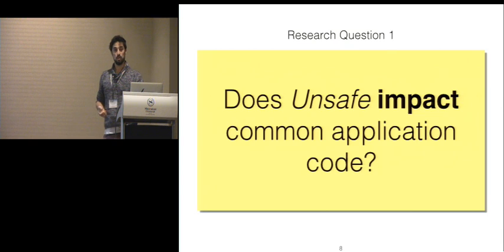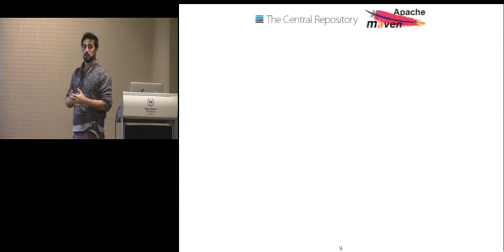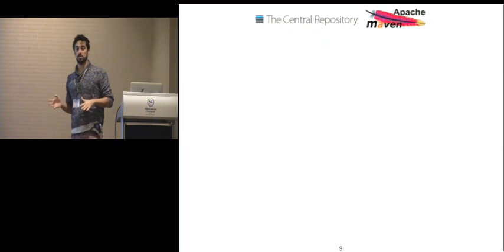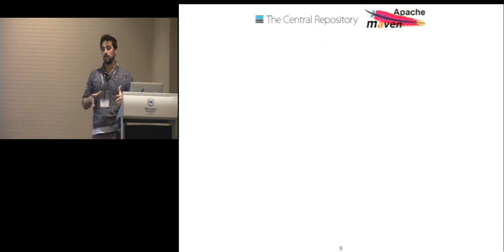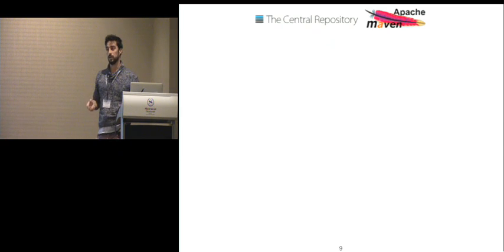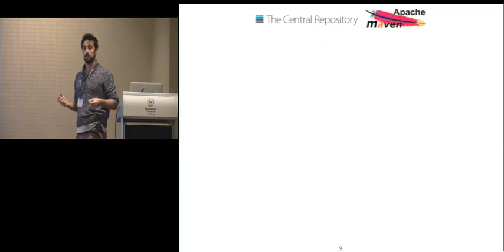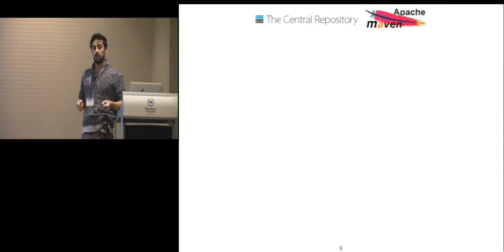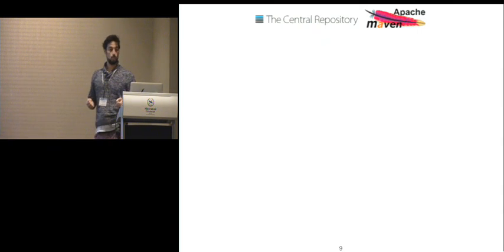For the real world, we chose the Apache Maven Central repository. We think this repository is a good example of real code, because a lot of projects, not only in Java but also in other languages like Scala, deploy to the central repository.